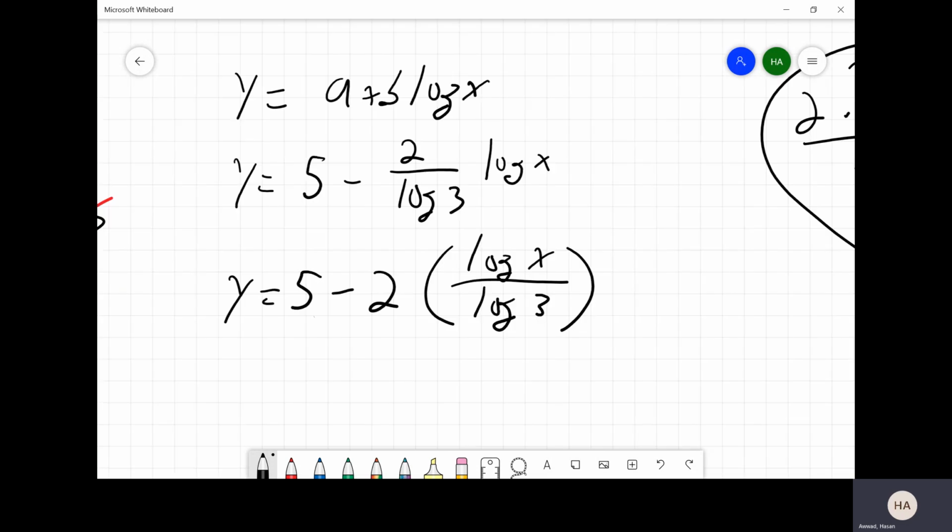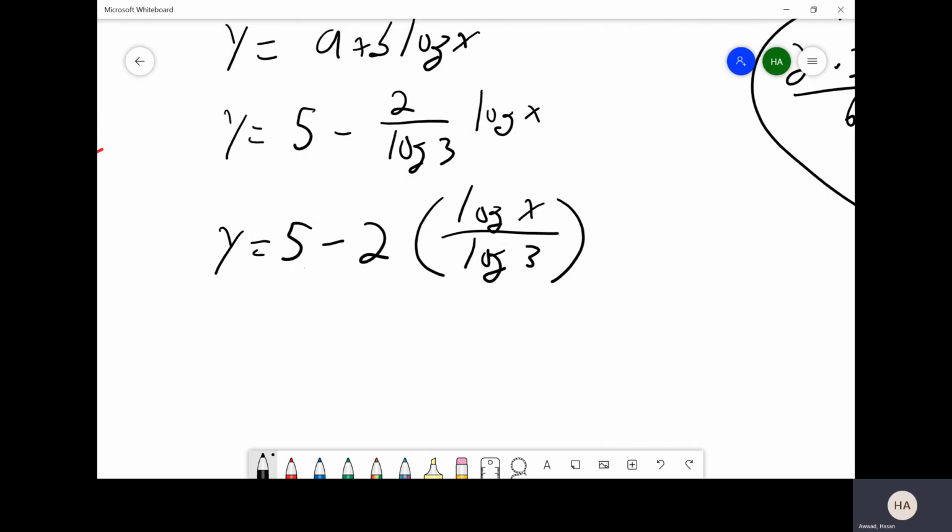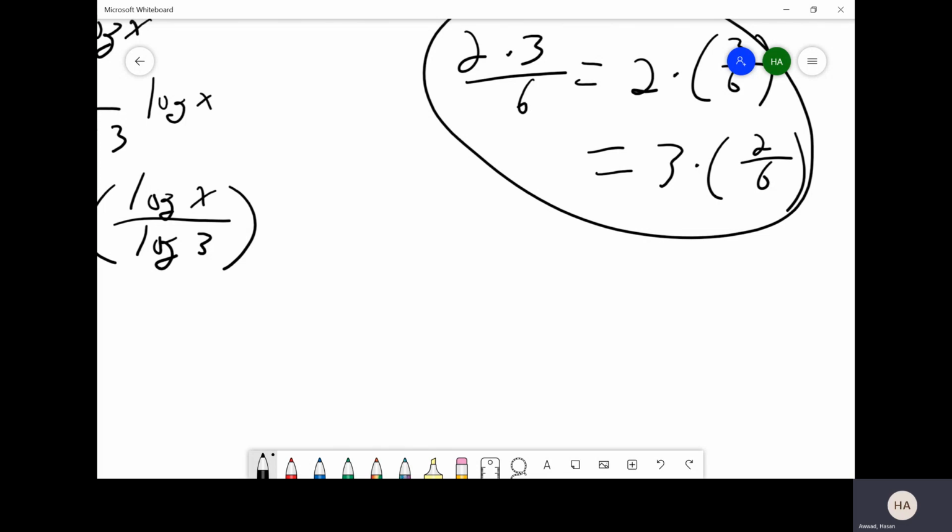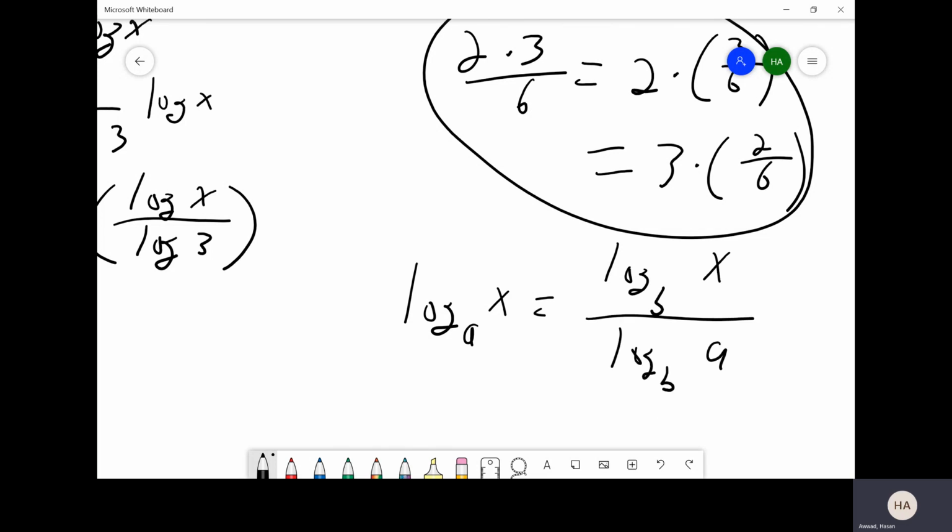The reason that I did this is, now notice we have a division of logarithms where the bases are the same. Well, this is change of base formula, right? What was change of base formula? Change of base formula is, if we have log base a of x, this is log of some other base of x over log of that same base of a, right?